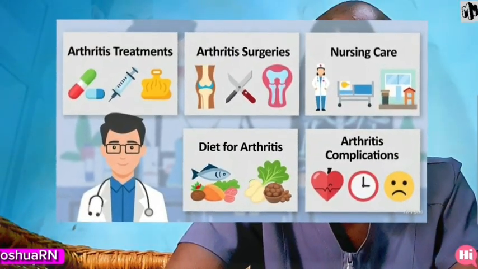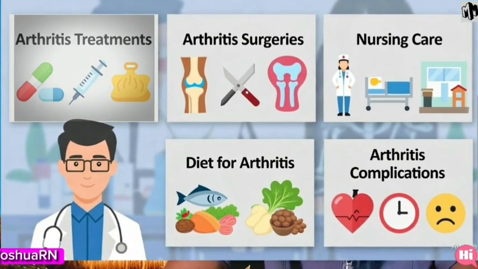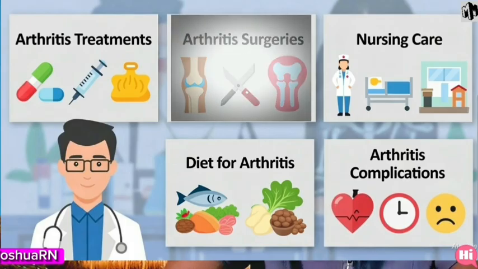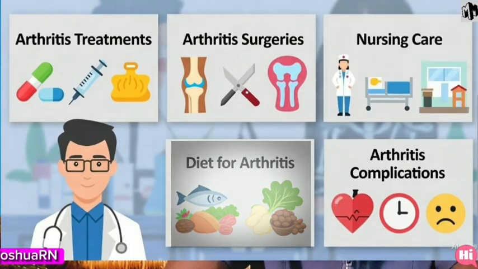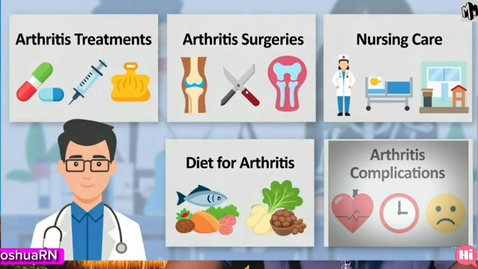So in this video, the elements which we are going to tackle include: 1, the treatments that are available for patients with arthritis; 2, the surgeries that patients with arthritis can expect; 3, the nursing care for patients with arthritis, both at home and in the healthcare facilities; then 5, the right diet recommended for patients with arthritis; then 6, complications that patients with arthritis do experience.